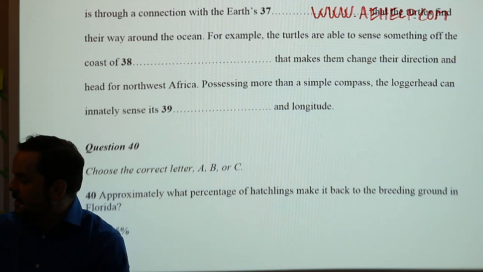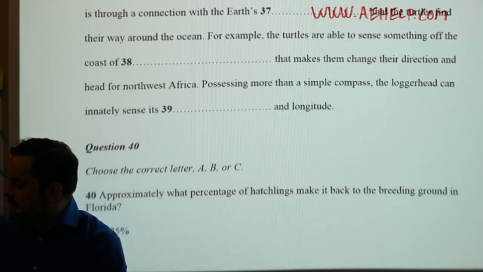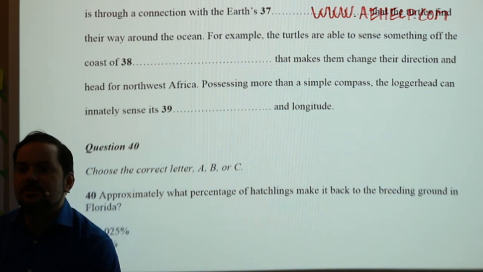All right, and the last one for the paragraph completion. Possessing more than a simple compass, the loggerhead can innately sense its something and longitude. Longitude, and what's the other one? Not altitude, Alan. It's latitude. Saud, very good. Latitude, spelt correctly.